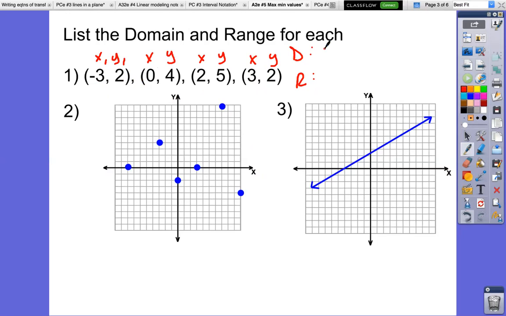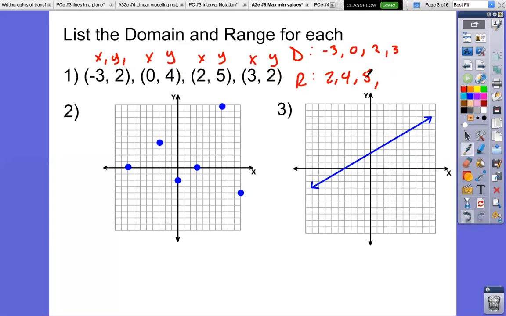So your domain is going to be -3, 0, 2, +3. Your range is your list of y's. Again, the order doesn't matter at all. Your range is 2, 4, 5, and 2. But guess what? If I've already accounted for it, I don't have to write it twice. So my range is 2, 4, and 5.